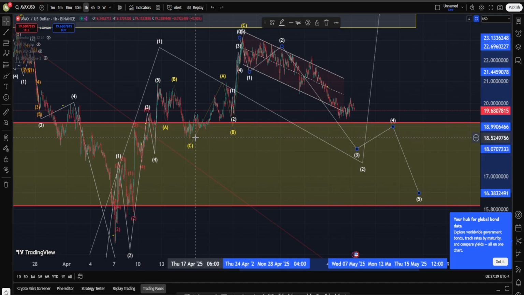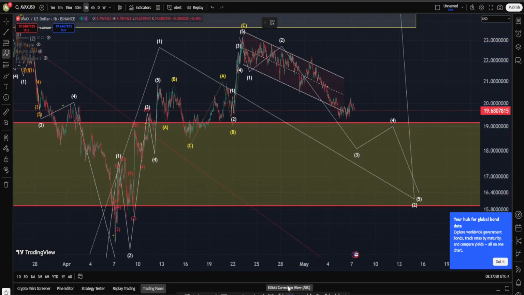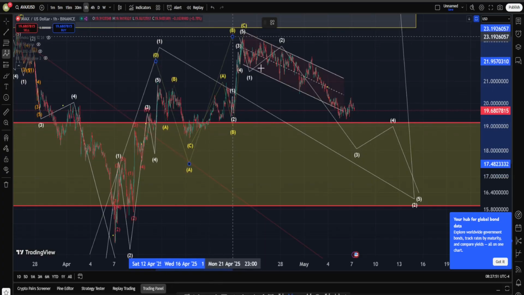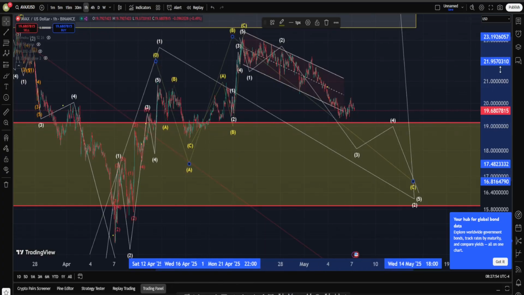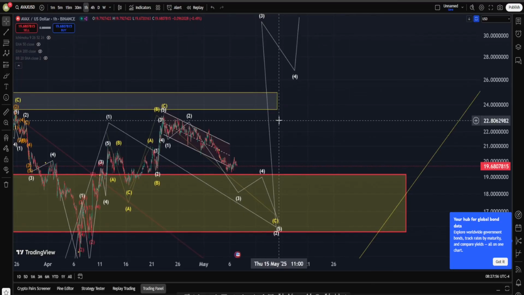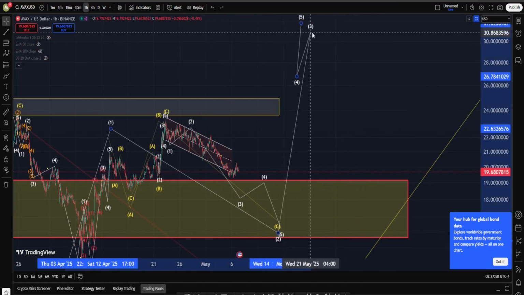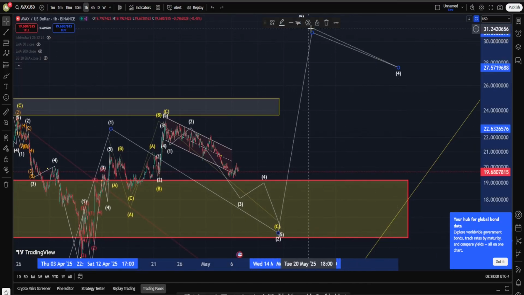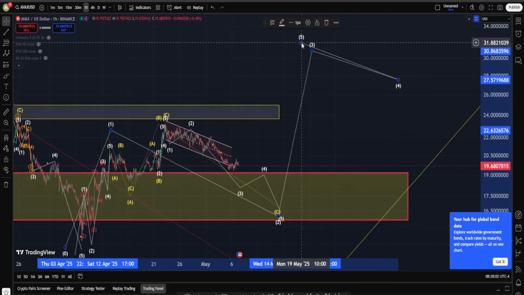There's a chance that AVAX is going to go quite a bit more down than that, possibly to somewhere around these regions between $16 and about $17, and then that can be it, our correction in the form of an ABC running flat into wave 2. And what's going to happen next? We are going to have hopefully a huge move on the upside into our wave 3, 4 and 5.